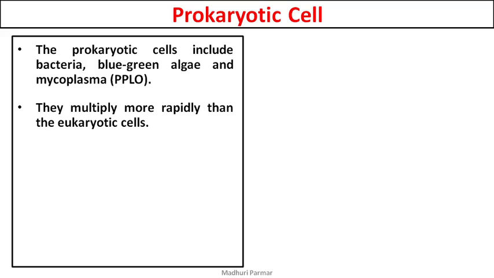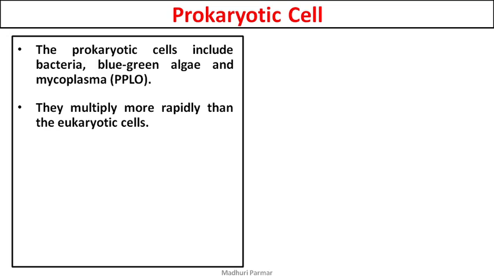After 20 more minutes you have 8 cells, and so on and so forth. So they multiply rapidly. In comparison, if we talk about eukaryotic cells, let us take a human cell. A human cell takes from 24 to 48 hours, 1 or 2 days to just divide. So compared to the eukaryotic cells, the prokaryotic cells divide faster.